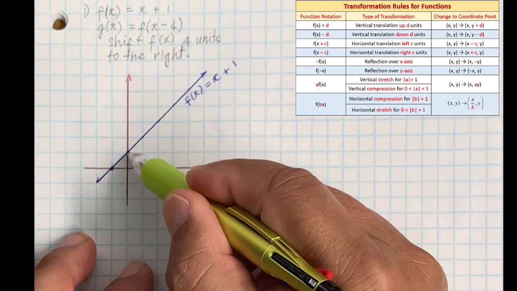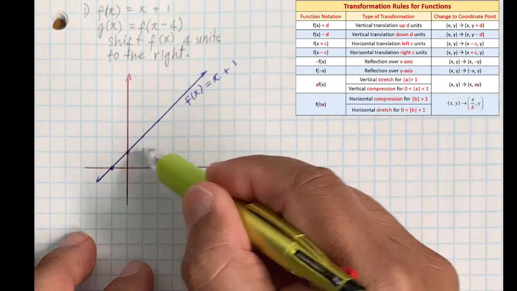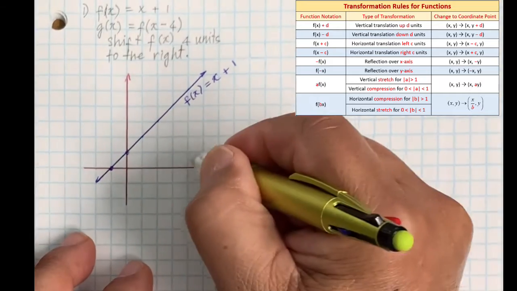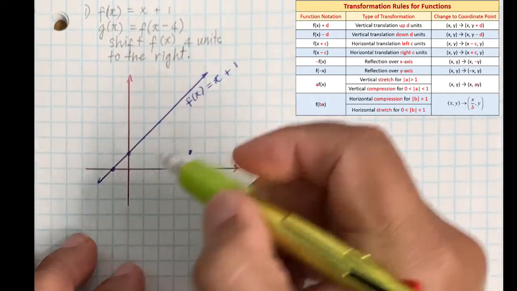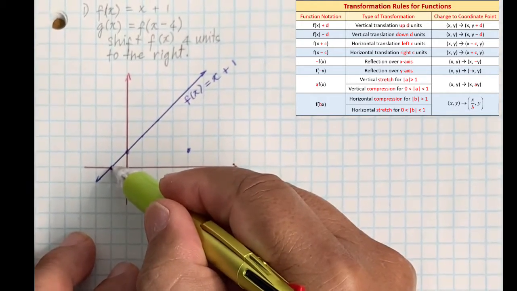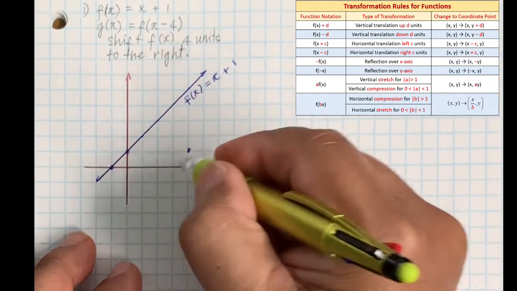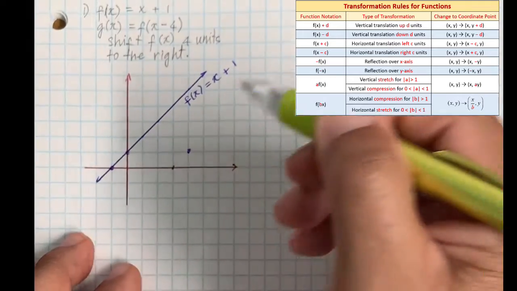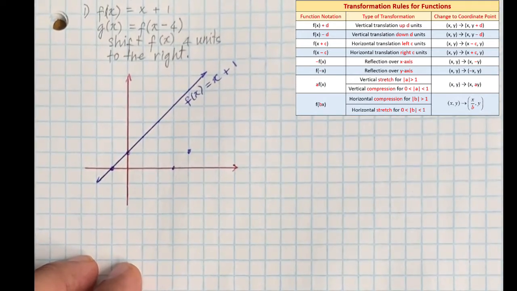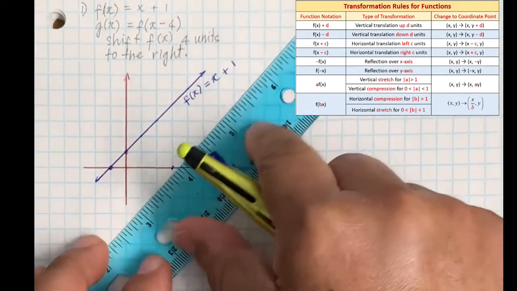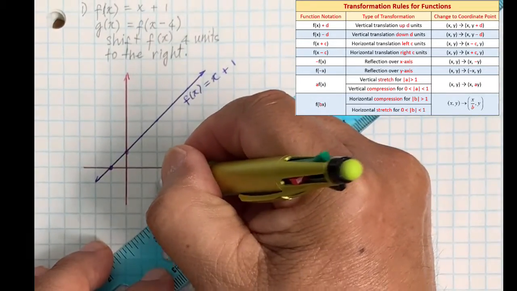So from here, we move 1, 2, 3, 4 to the right. And from this one, we move 1, 2, 3, 4, right? And then we are going to graph the graph of g of x.